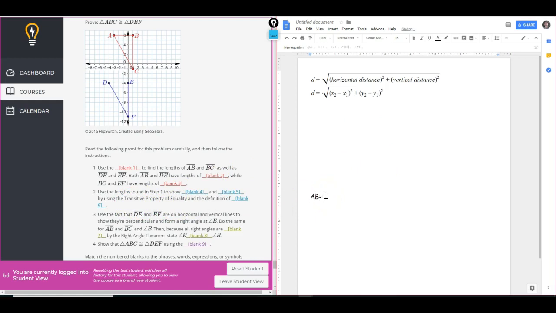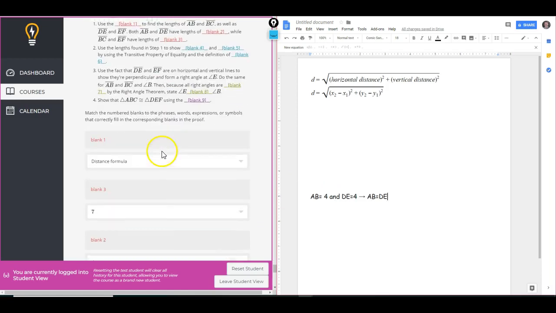So AB is equal to 4 and segment DE is equal to 4. So the transitive property would say that since they're both equal to 4, I could just say that AB is equal to the length of DE. That's to show in the definition of blank.